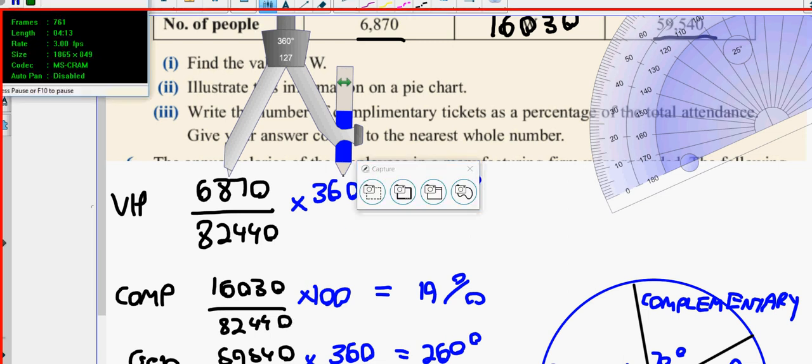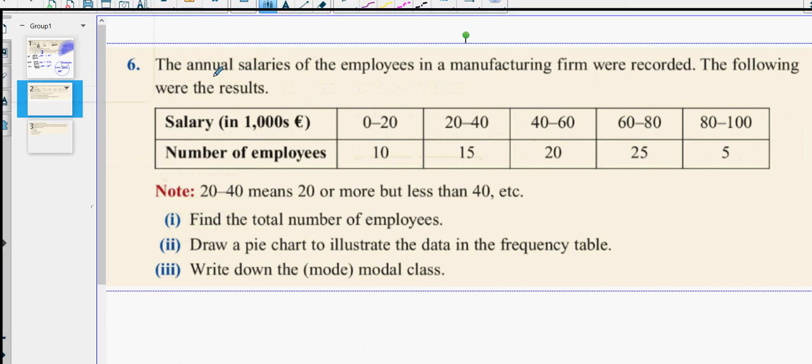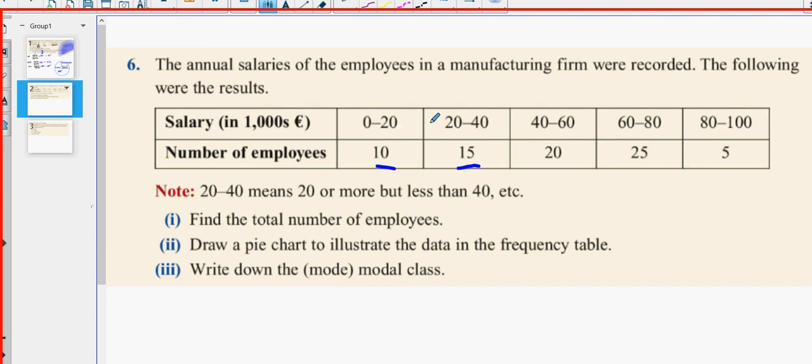Step 1. Let's add all of these up, okay? So 10, 15, 25, 50. I'm counting 75 people. Is that okay? Oh, yeah, 75. So I have 75 people. That's awesome, right? 75. Now, here's what we're going to do. We're going to do 10 over 75 multiplied by 360.